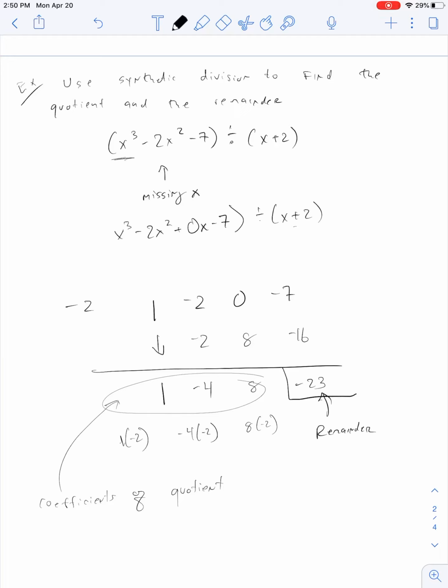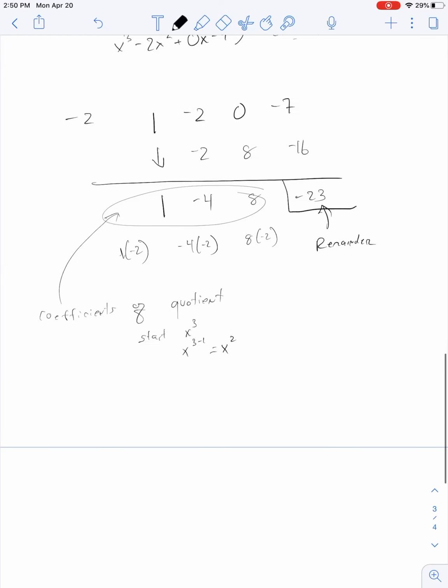So the problem started with the x to the third, so we subtract 1, right? So it started with x to the third, so we do x to the third minus 1, which gives us x squared. So then we have 1x squared minus 4x plus 8.